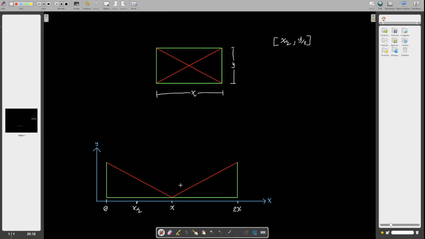And as these two triangles are the same, this middle horizontal point will be located at x divided by 2 plus x, which is nothing else than 3 times x divided by 2.